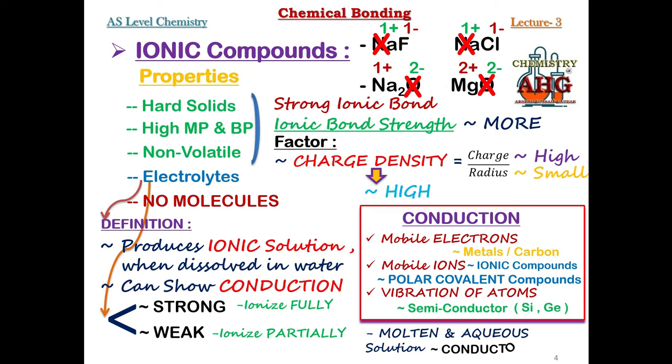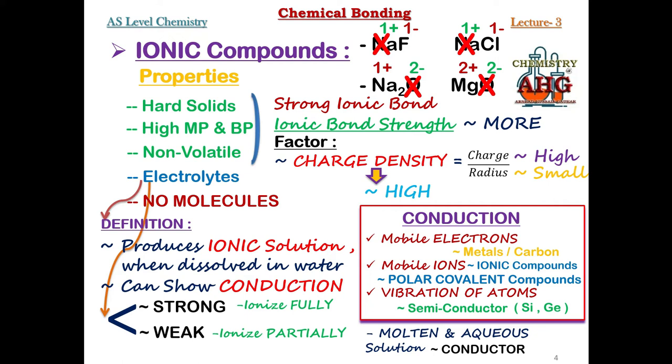Simple reason you can remember, because in the molten form and solution form, ionic compounds have mobile ions, but in the solid form, ionic compounds are non-conductors. Why? Because ions are not able to move, there are no mobile ions. So this simple information you must remember to answer different styles of questions in your exams.